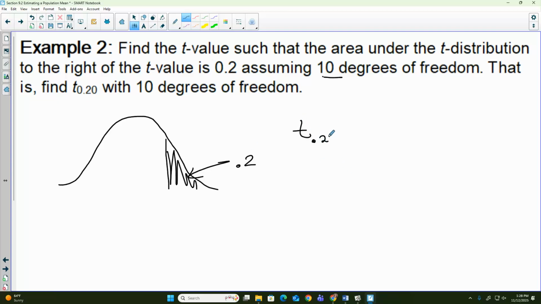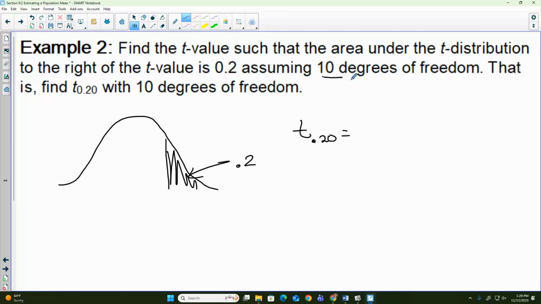So we need to go to our T distribution. That is table 7. It's on the back of your normal page. Our T table is set up a little bit differently than the normal one. Down the side it says DF. What do you think that means? Degrees of freedom.